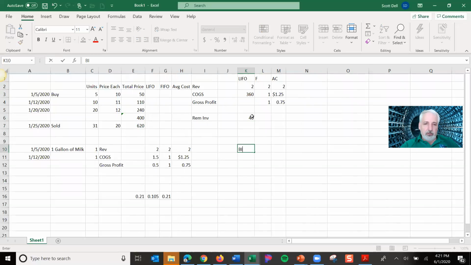You start with beginning inventory plus purchases minus ending inventory equals cost of goods sold, or beginning inventory plus purchases minus cost of goods sold equals ending inventory.